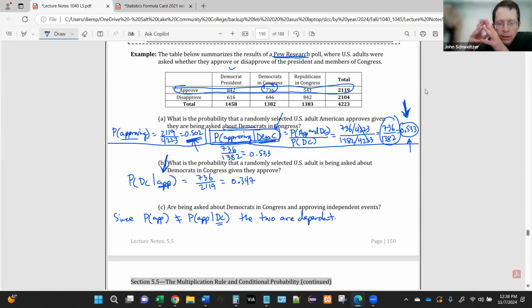Remember the definition of independence: if you know information about one process, it doesn't change the information about the other process. But here, knowing this information did change the probability of approving. So the events are dependent. They are not independent, therefore they're dependent.